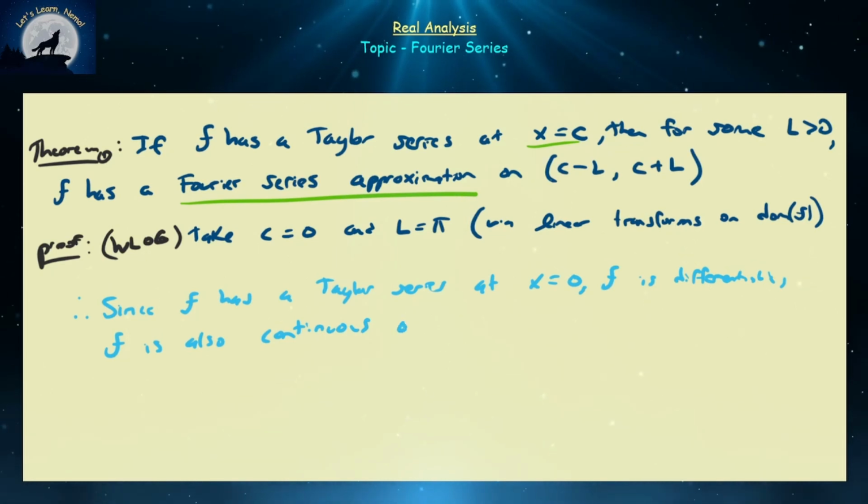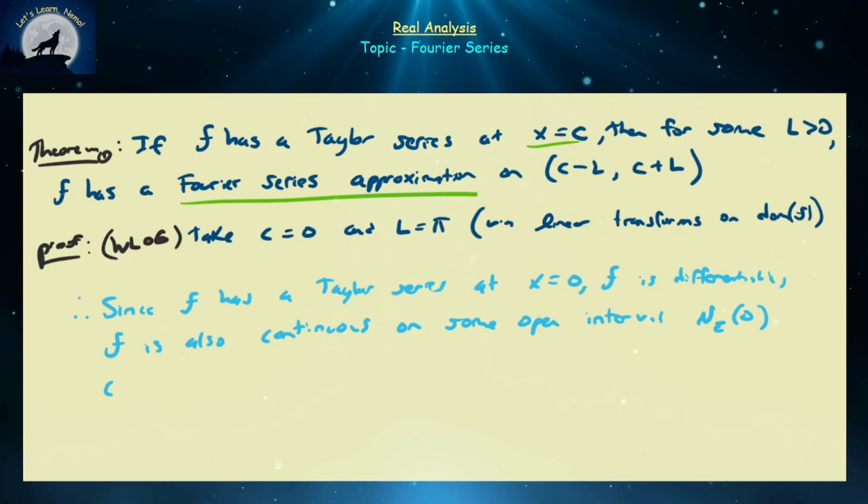In particular, it's continuous on some open interval, let's call it N_epsilon of 0, containing 0. So that's your little open interval, 0 minus epsilon to 0 plus epsilon.